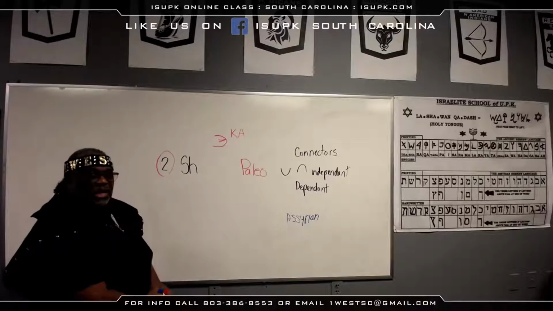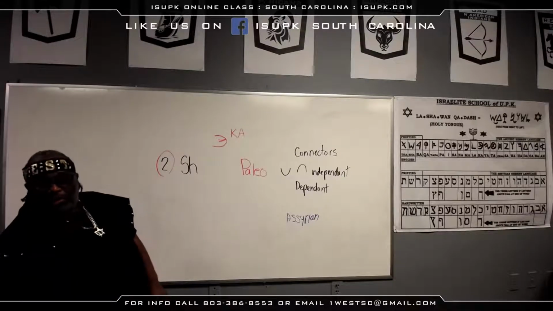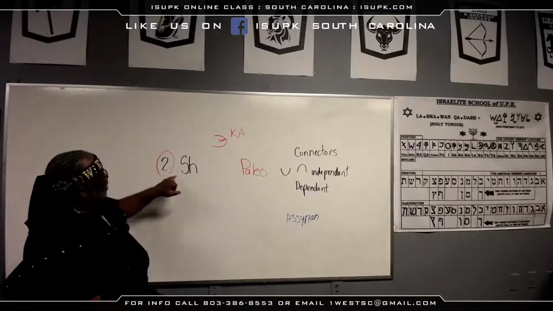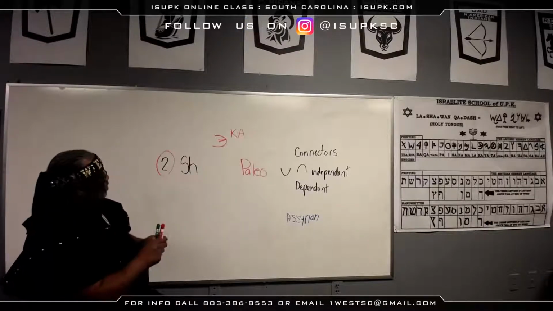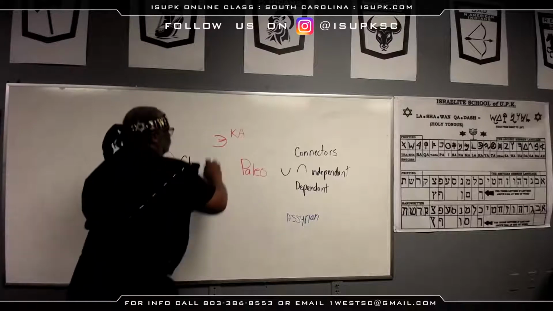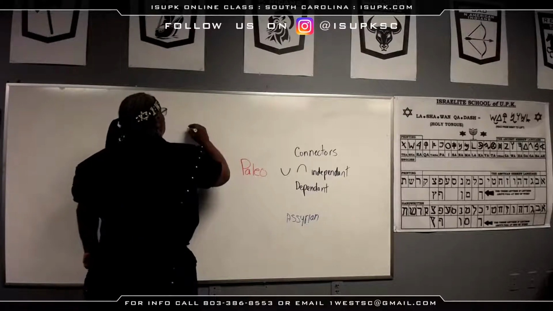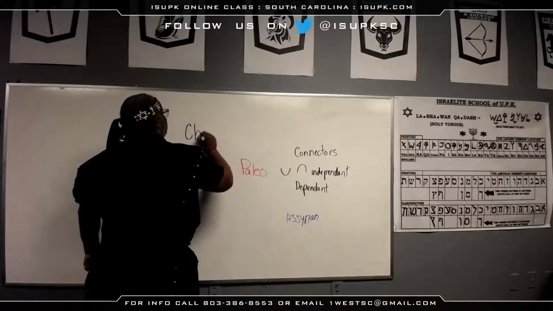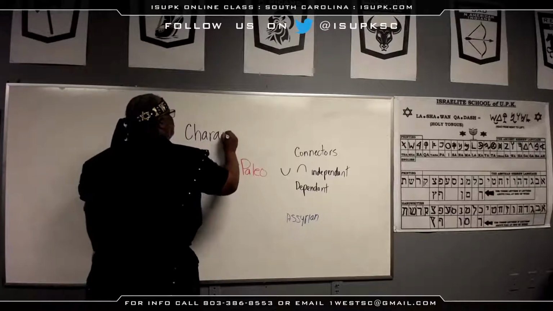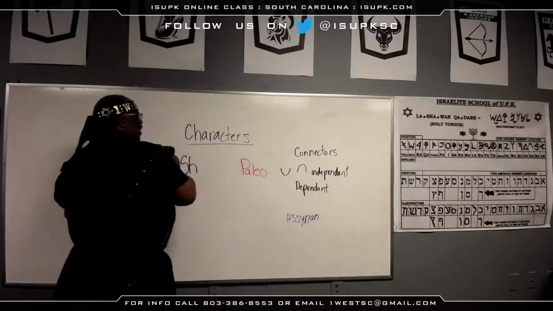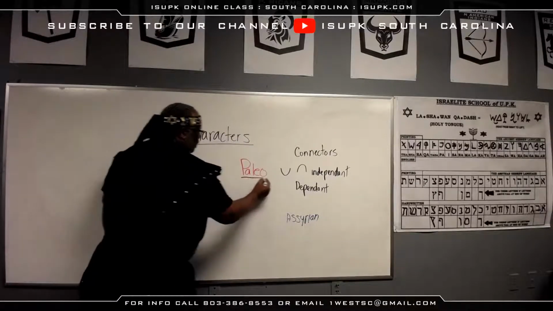And that's what we did in class. In a virtual class, the teacher just told us, what's the number 2 in the Hebrew number system? What we're going over is the characters, Paleo and Assyrian.